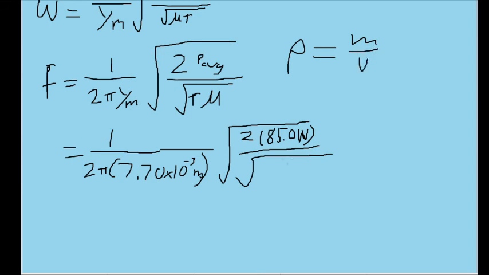So the linear string density is going to be equal to the mass of the string, or 260 kilograms, divided by the length of the string, which is 2.70 meters. And that's the formula for the linear string density.